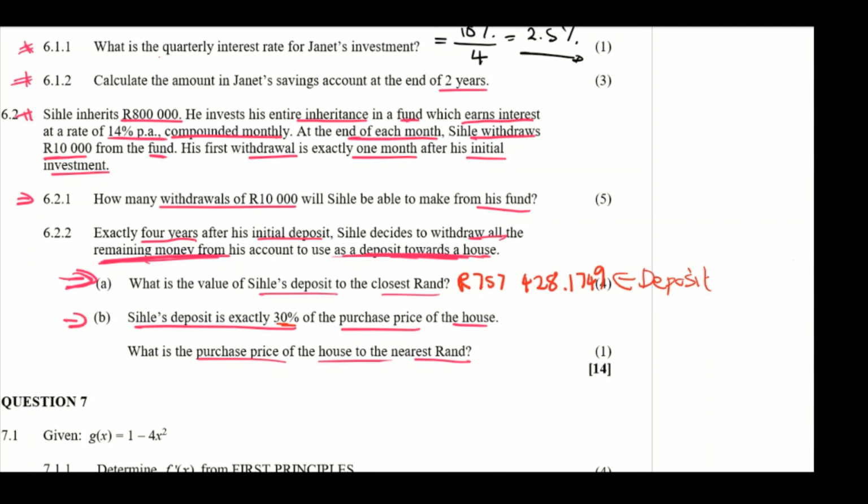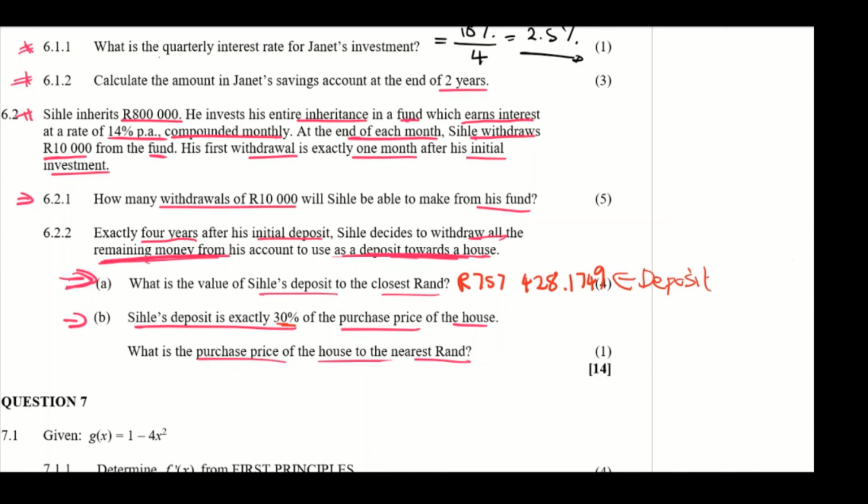So it's going to be 757,428.1749, and we're going to divide by this 30%. Then the amount of the house will be equal to the deposit, 757,428.1749, divided by 30%.